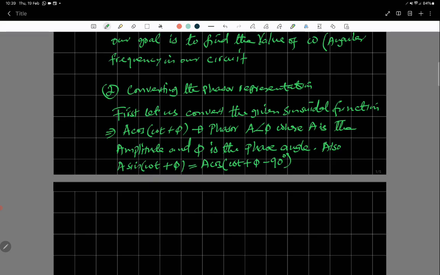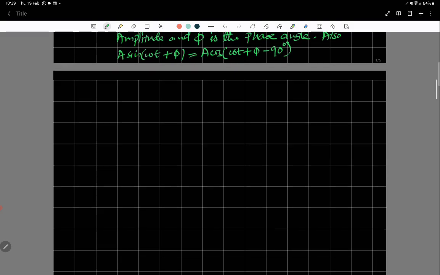That's why here we are having 90. So A sin(omega t + psi) is equivalent to A cos(Wt + psi − 90). So here we need a conversion. All right.